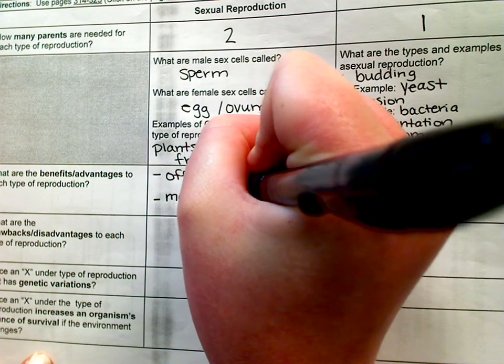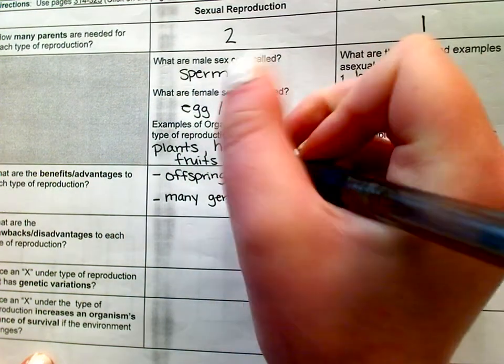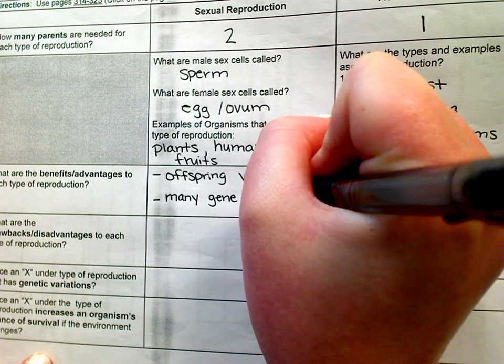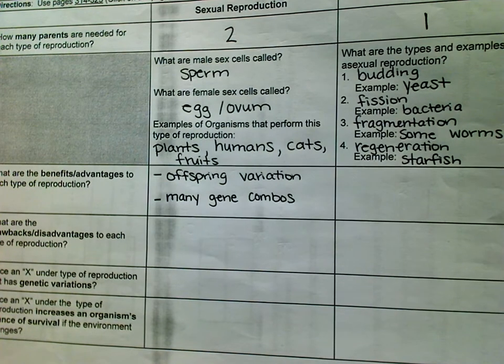So again, this will lead to variation. In the video, it said there's about 20,000 different genes. Because there are 20,000 different ones, there are endless different combinations that can occur, which is why none of us look exactly the same.